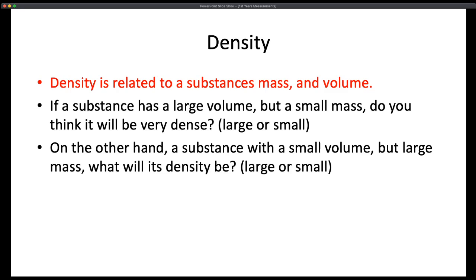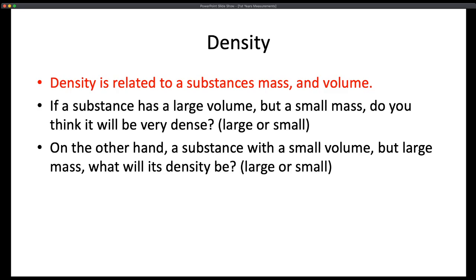So that styrofoam takes up a lot of area, but doesn't have a lot of mass to it. It's not very heavy. Do you think that would be a very dense object? No, it's not very dense, because it has a really large volume but a small mass.